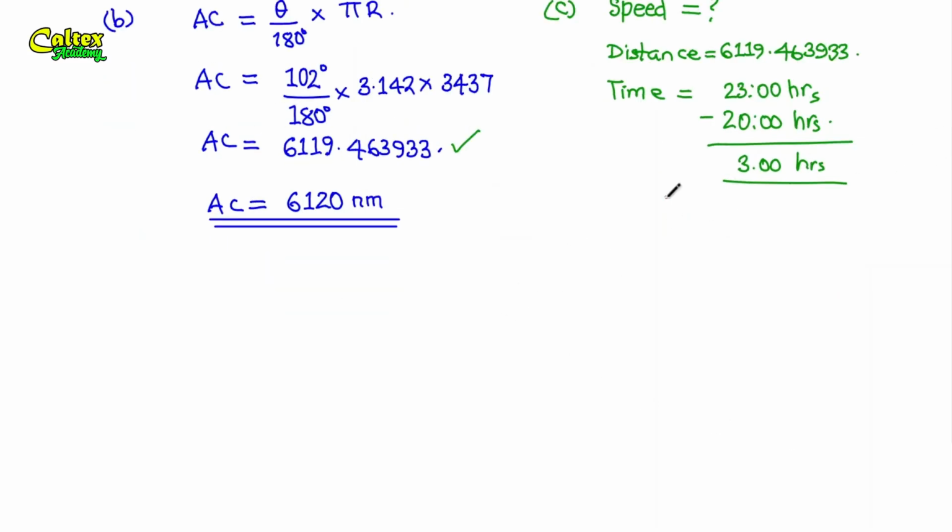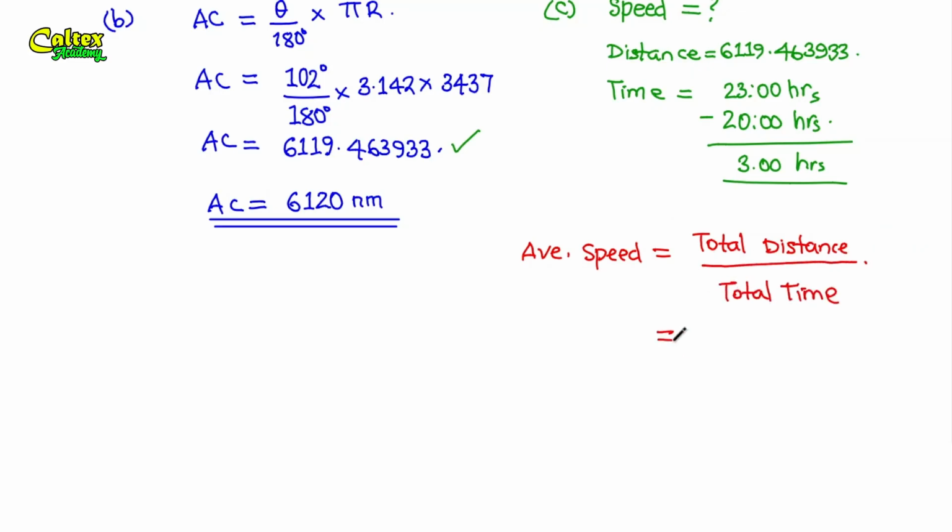Therefore, average speed is given by total distance divided by total time. So our total distance is 6,119.463,933.